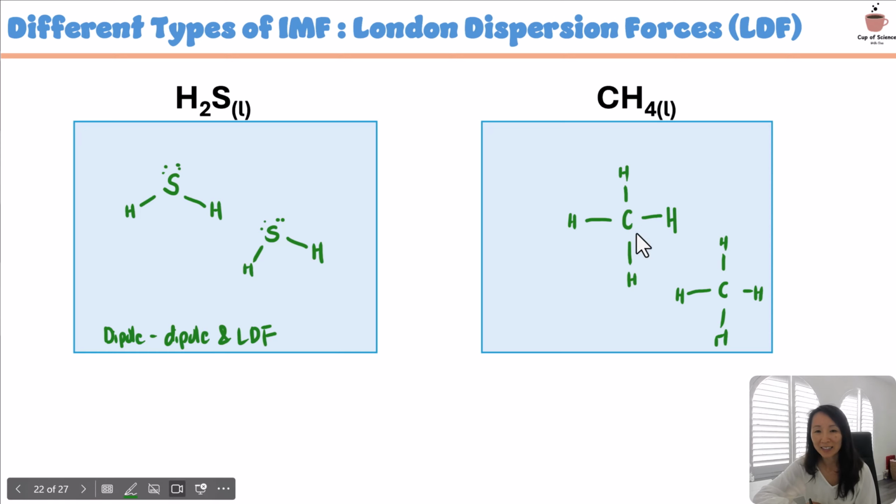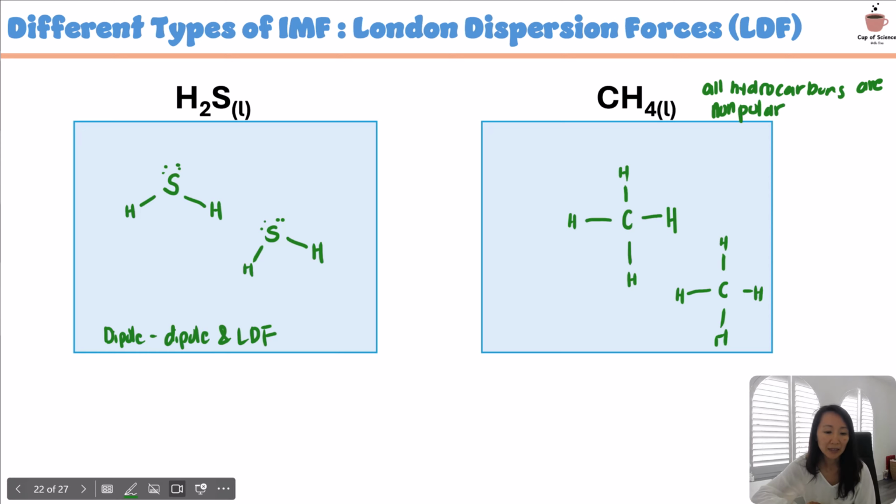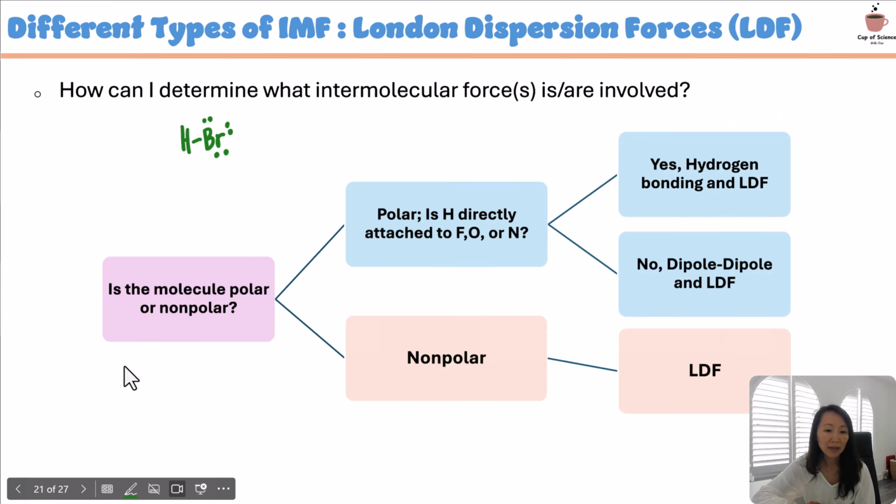What about CH4? A little more challenging here. All hydrocarbons, so if they only have hydrogen and carbon, we consider them to be nonpolar. Okay, so let me go back. Is the molecule polar or nonpolar? Nonpolar, so therefore just LDF.